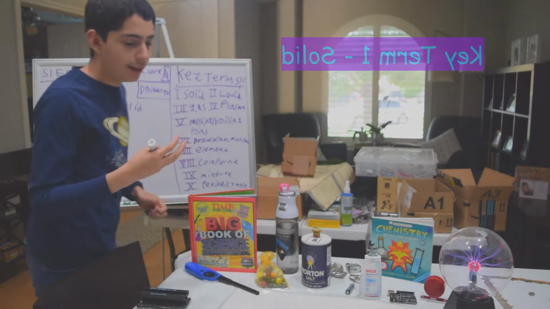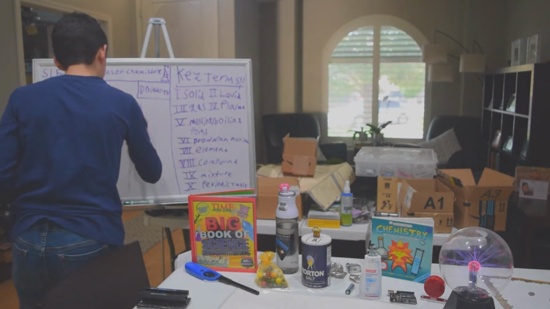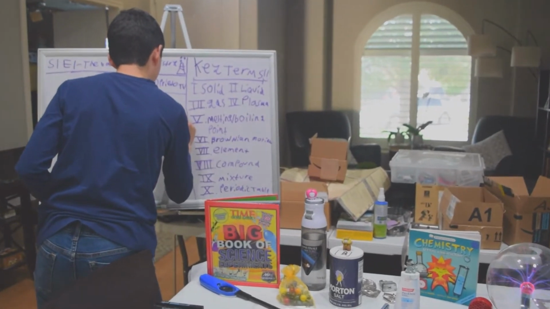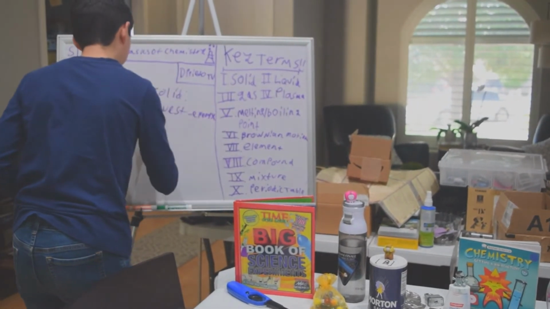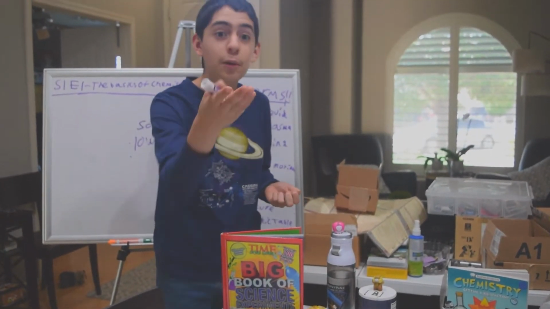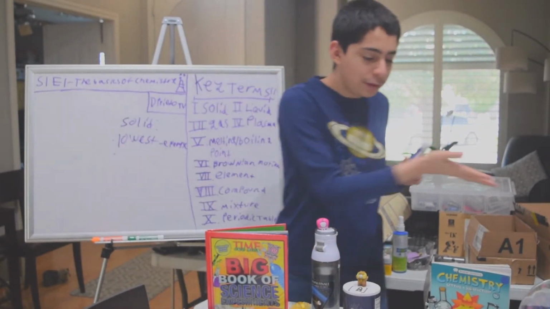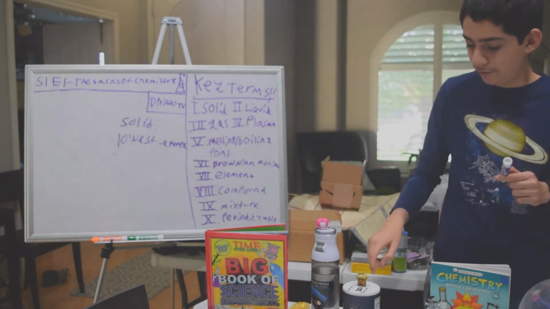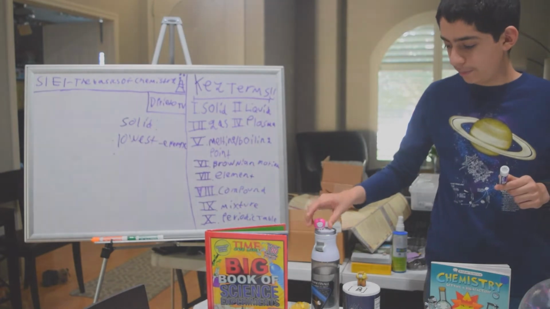A solid is the lowest energy state, so it has the lowest energy out of all the states of matter. I'm pretty sure you probably know some examples of solids. You are a solid. Everything on this table is a solid except for my water bottle here.